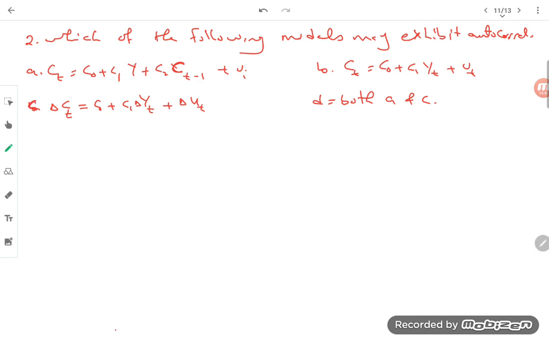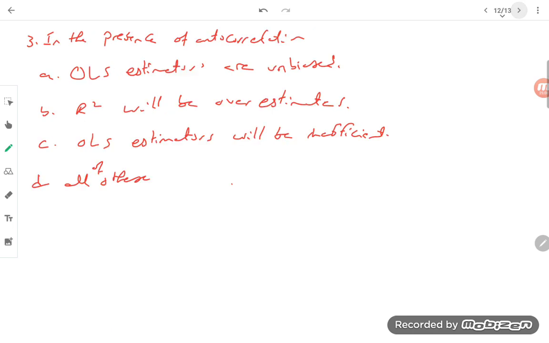C, a change in Ct equals C naught plus C1 a change in yt plus a change in ut. Finally, D, both A and B. So the correct answer in this case will be D.